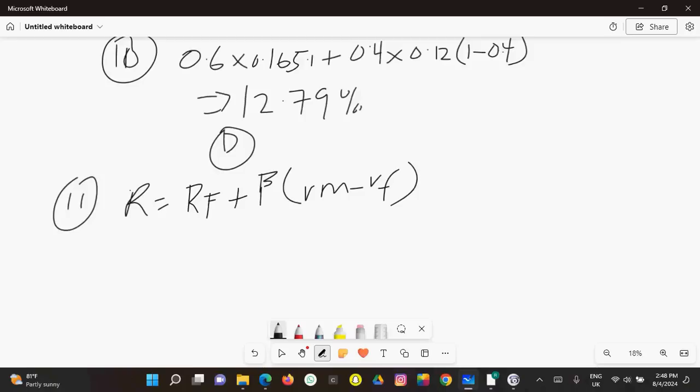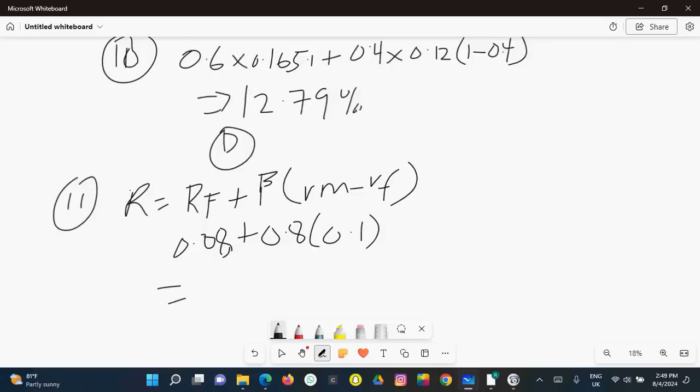The risk-free rate is 8%, 0.08, plus the beta, given as 0.8, and the market risk premium has been given to us already, which is 10%, 0.1.